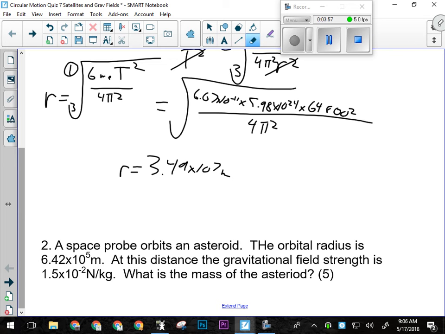The height above the surface is going to be this number minus 6.37 times 10 to the 6. If they showed some number subtracting that number, give them a mark because it's a method mark, whether they got this number right or not. Subtracting that one, and then that'll give us our height.